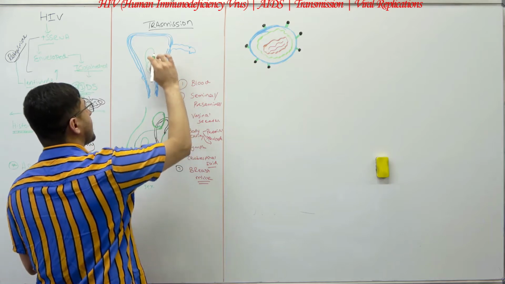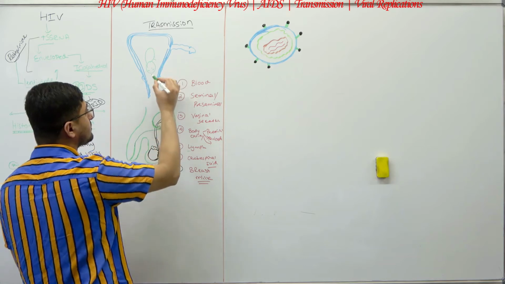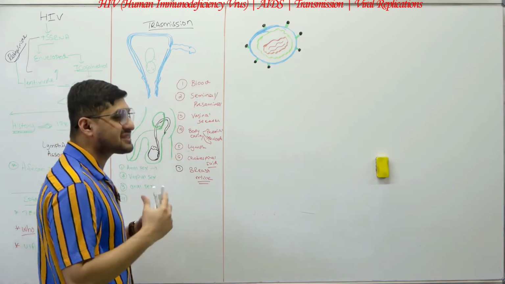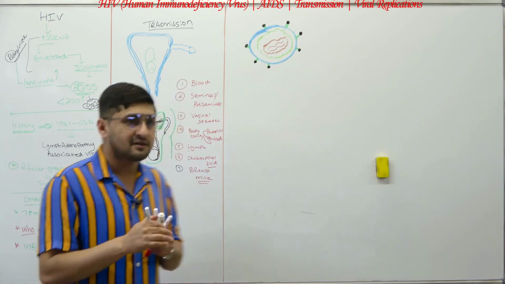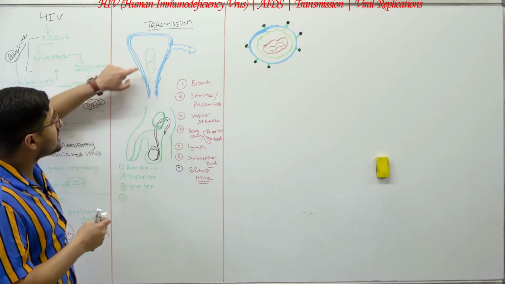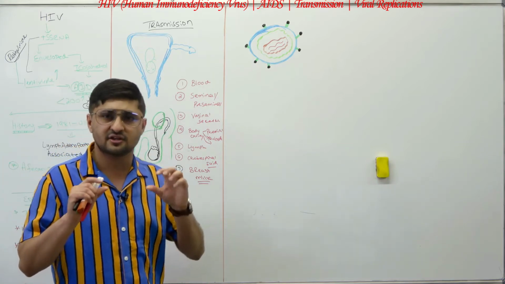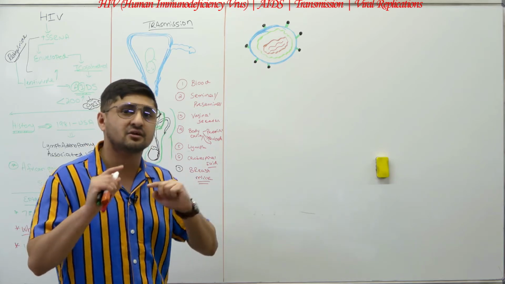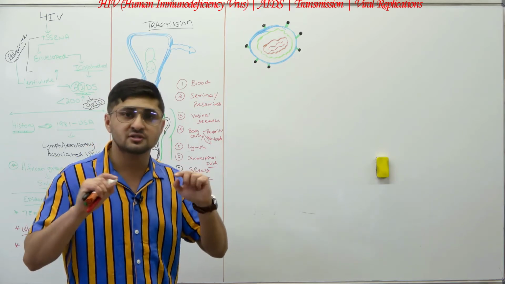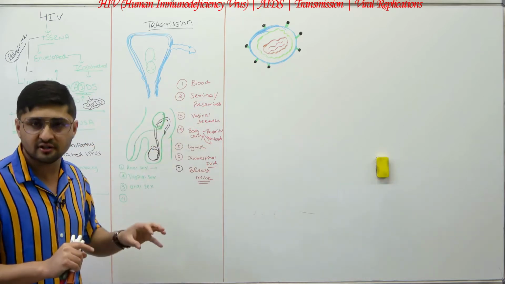So basically, there is transplacental transmission, or we also call it vertical transmission, right? During that, because the baby's mucous membranes are extremely delicate, sensitive and thin, the baby can get contact with the mother's secretions, the fluid.